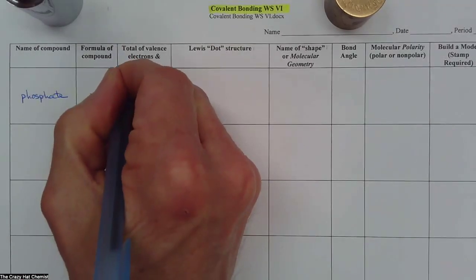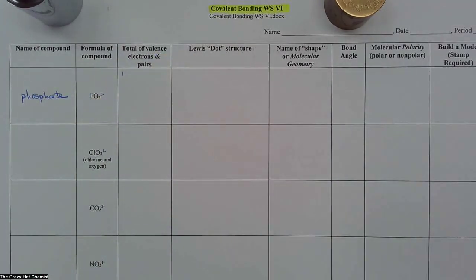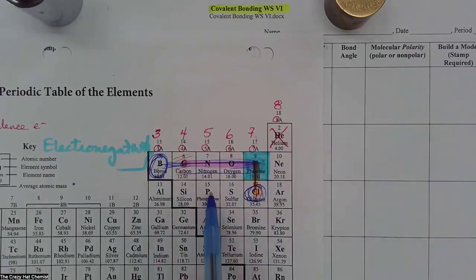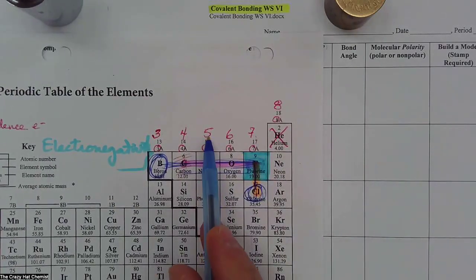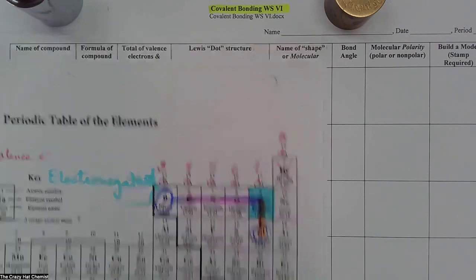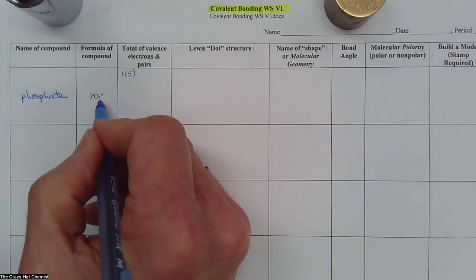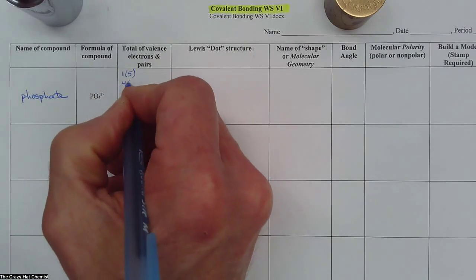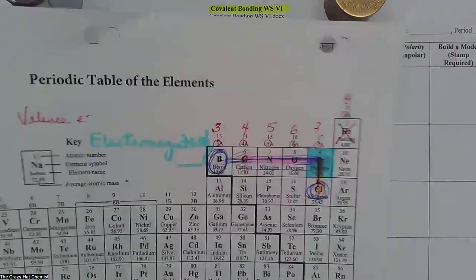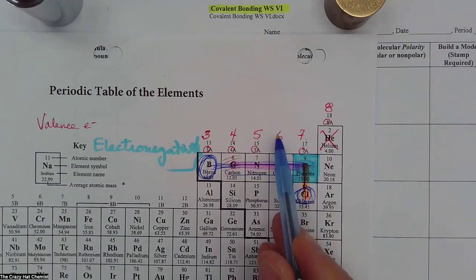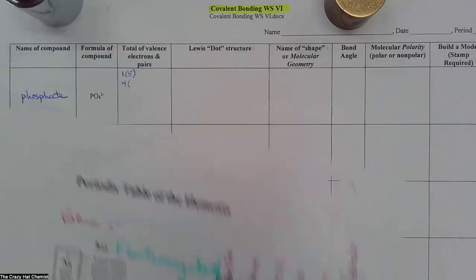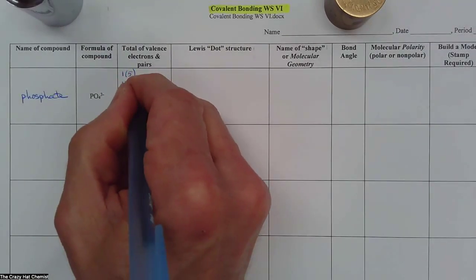There is 1 phosphorus, and the number of valence electrons in phosphorus is 5. That's right, 5. I'm going to multiply that by 1, and then there are 4 oxygens, and valence electrons in oxygen, well, that is 6. Okay, perfect. So 4 times 6.